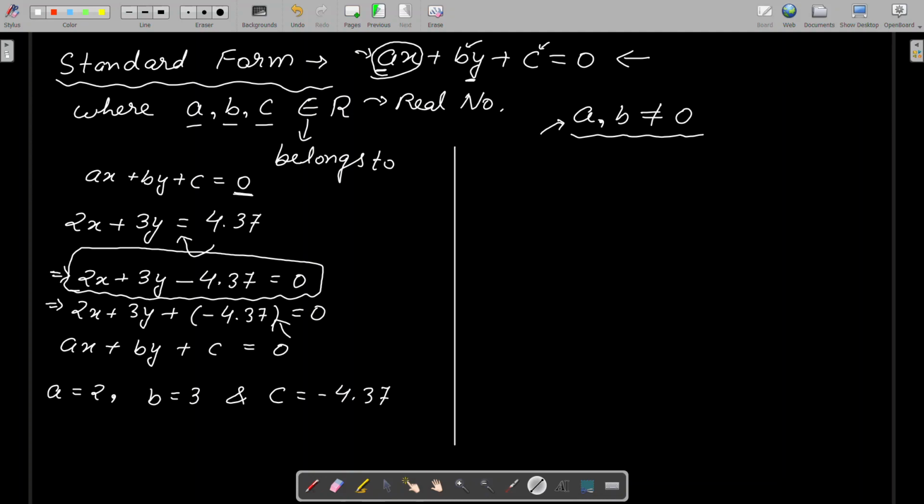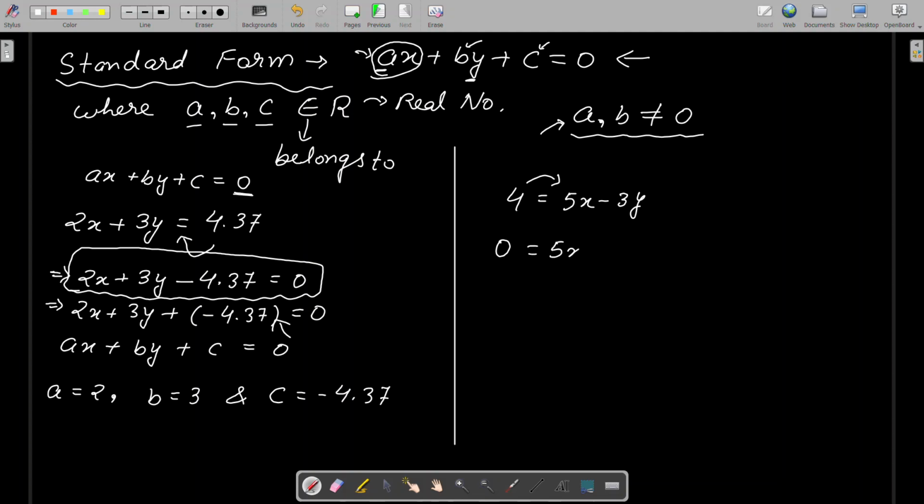Now let's move on to see a few more examples. Like if something is written in this form, 4 is equal to 5x minus 3y. So what can we do? We can shift all of the terms towards this side, then here you'll be getting 0.